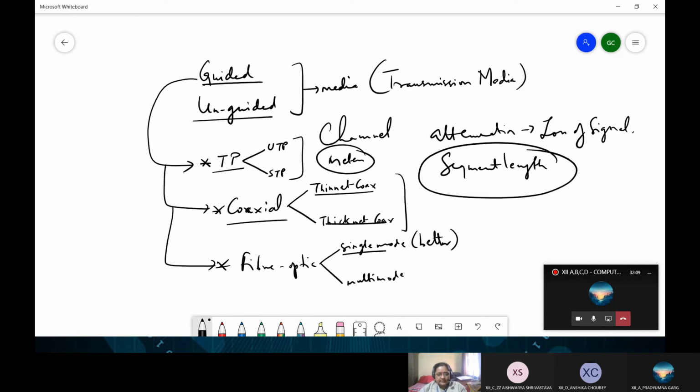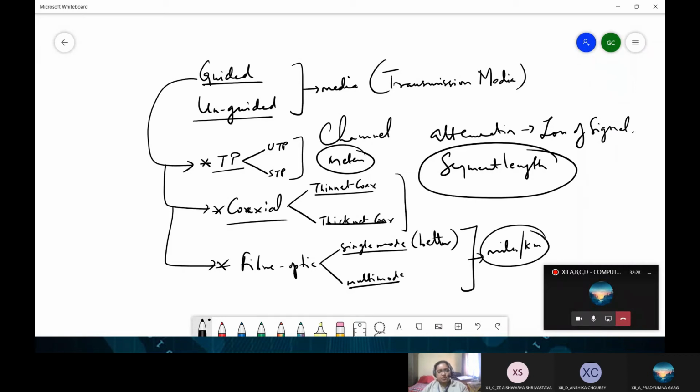Yes, single mode is better as compared to multi mode, whether it is fast transmission or longer segment length, and usually the segment length here extends to miles, kilometers, whichever you want to say.